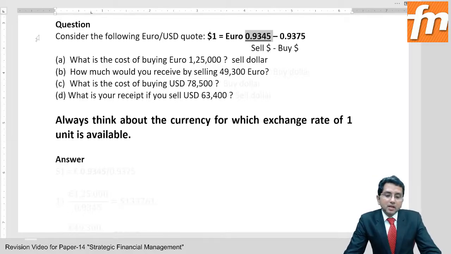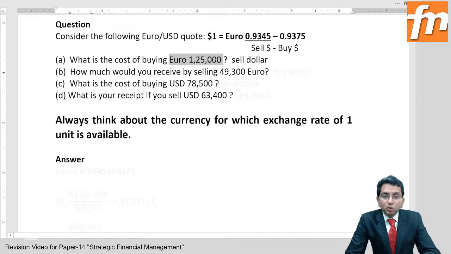And that rate is actually 0.9345. Now the next thing is you have euros in your hand. If rate is given for 1 euro, you'll multiply by the rate. But if rate is given for $1, you should divide by the rate. And here the rate is given for $1. So you should divide by the rate.